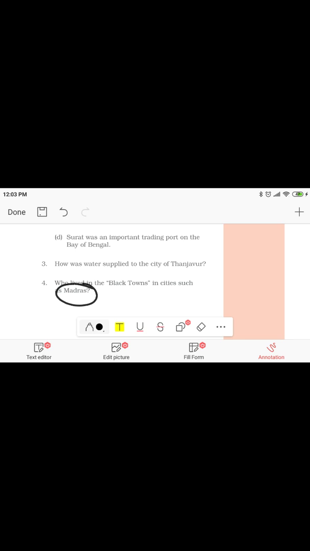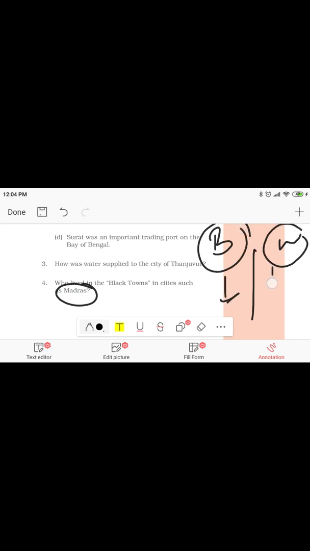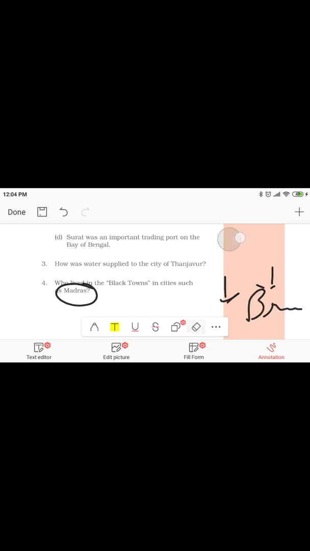When they took over Madras, they divided it into two towns, black towns and white towns. Black towns were where the Indian people lived, and white towns were where the Britishers lived. And this is how the British Empire came in India.